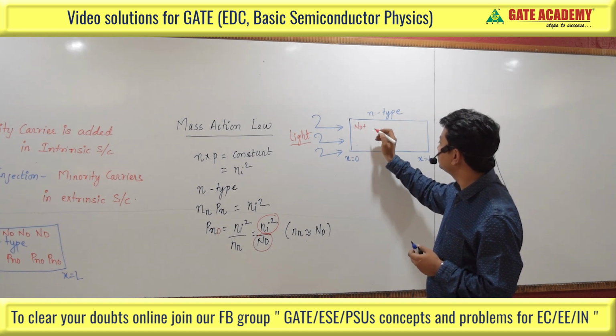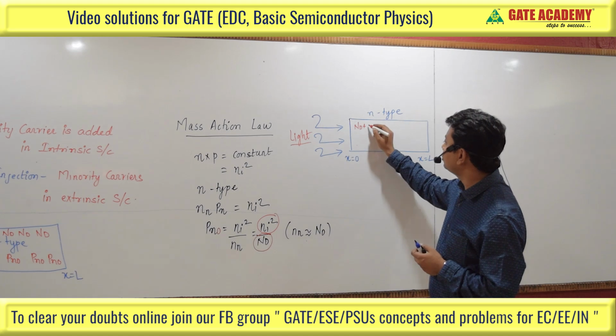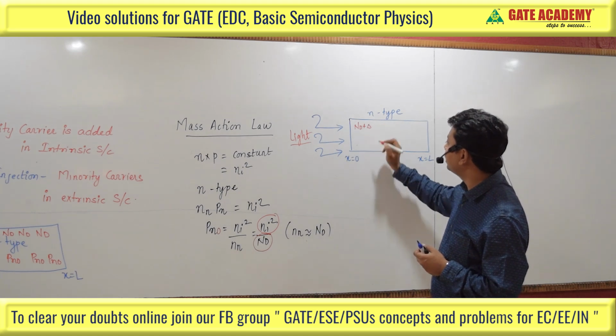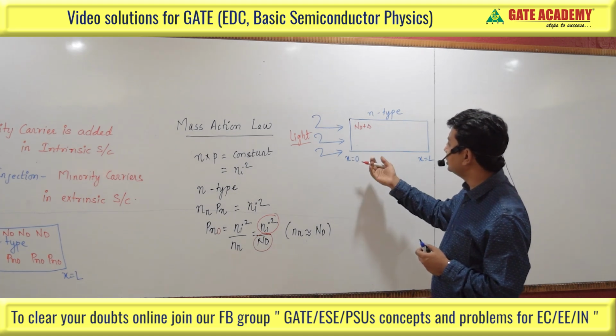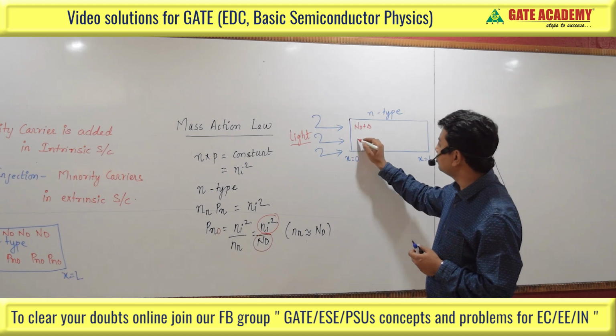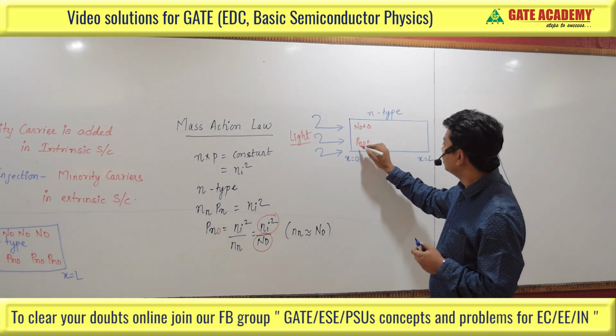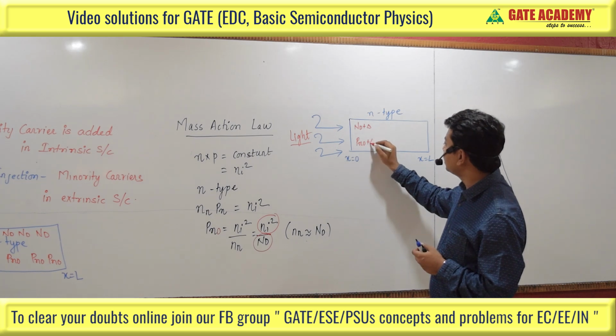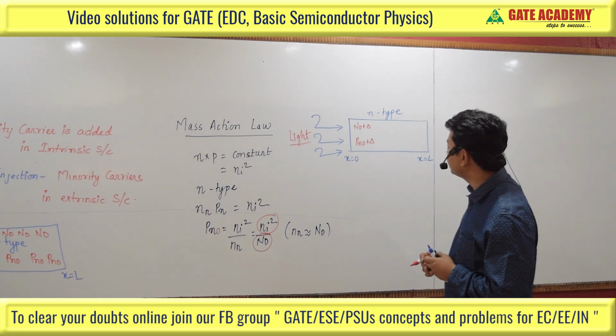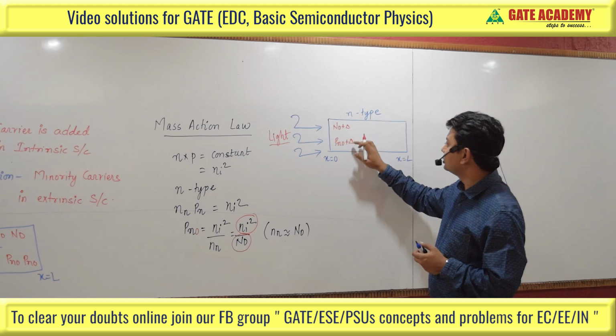Suppose the incremental amount of donor atoms is delta, and similarly, since the covalent bond is broken, we have the same incremental value of the minority charge carrier inside the semiconductor. What is the reason behind this same increment?